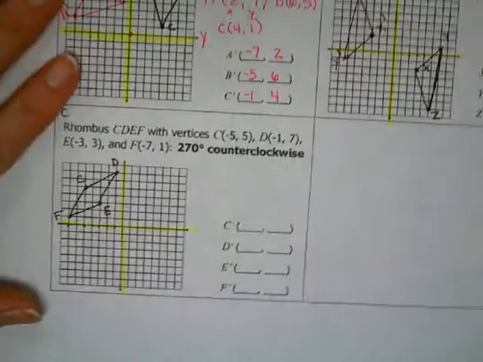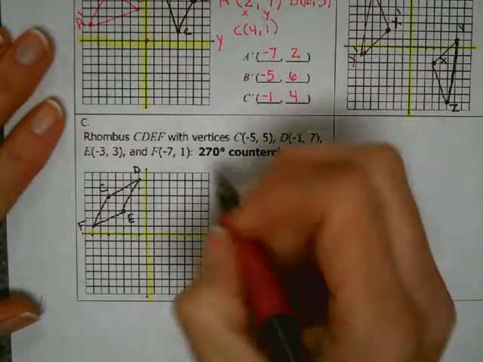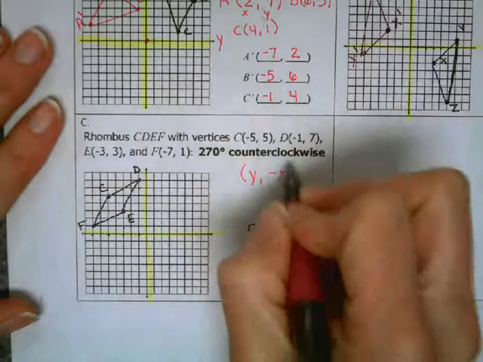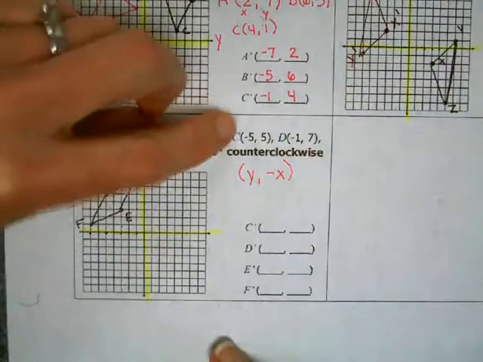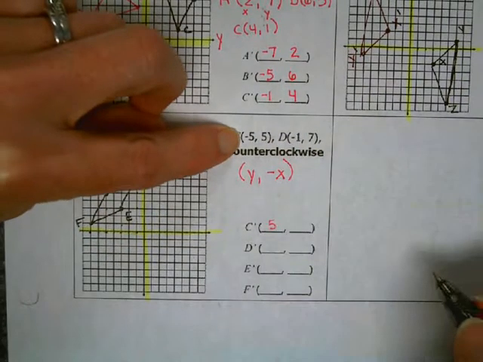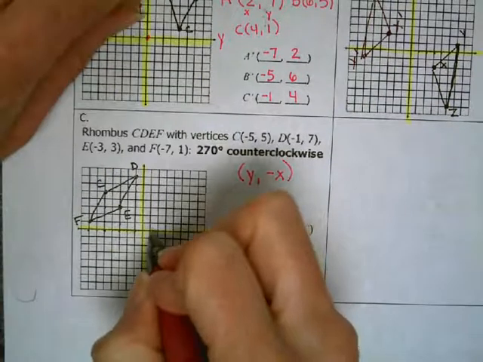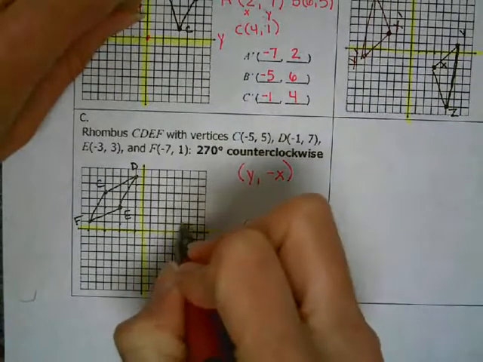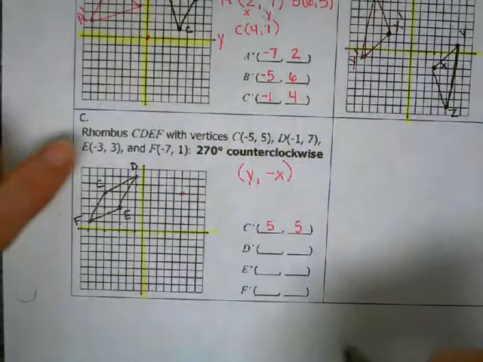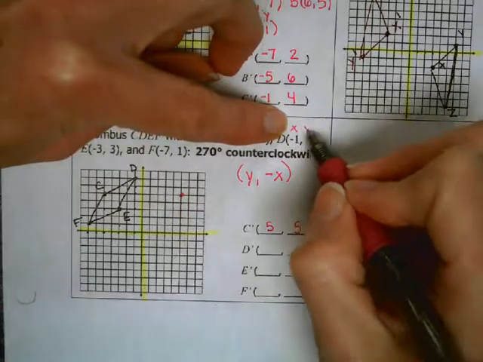270 counterclockwise. The formula is y, comma, opposite of x. Okay? So the y value for C is 5, and the opposite of negative 5 is positive 5. On D, the y value for D, remember this is x, this is y. So the y value is 7.